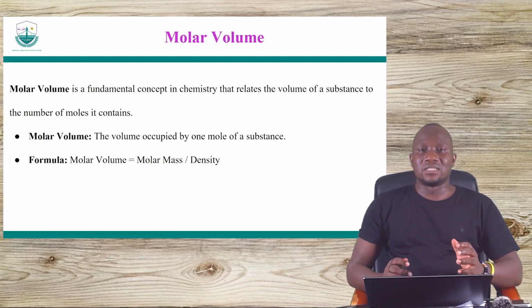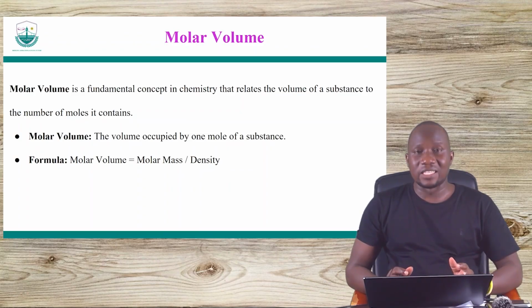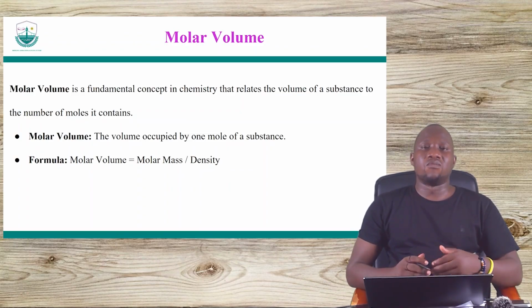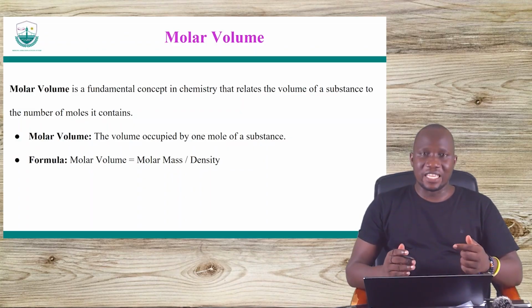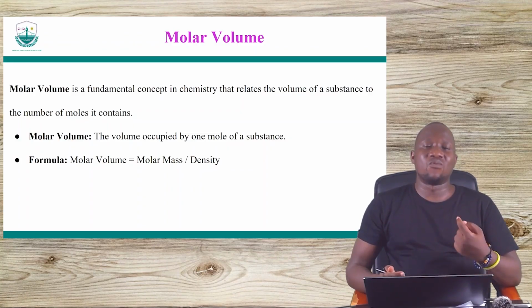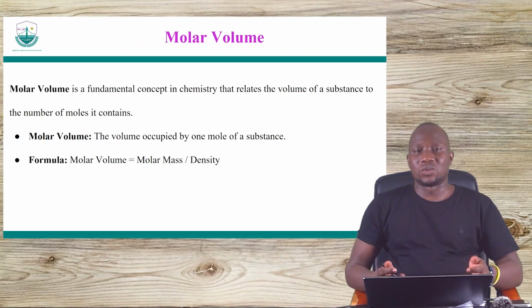It is the volume of that gas when the number of moles in it is 1. When we have 1 mole of that gas, what volume does it contain? That volume is what we call molar volume.